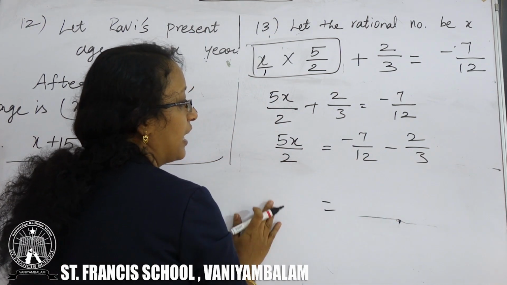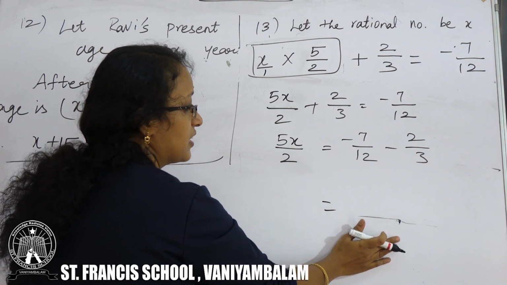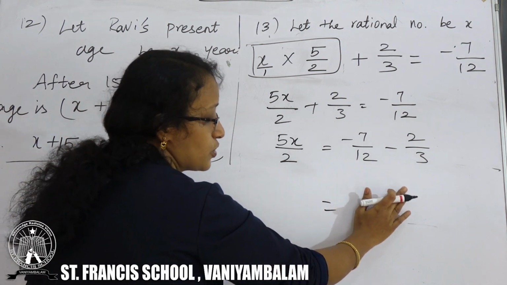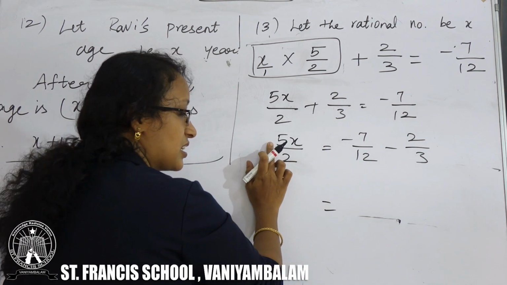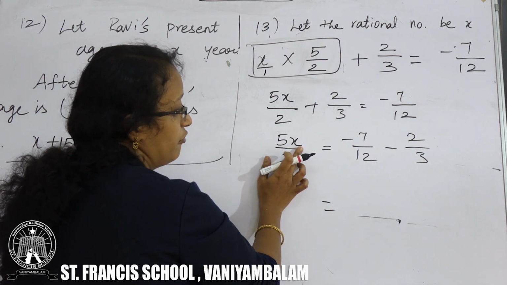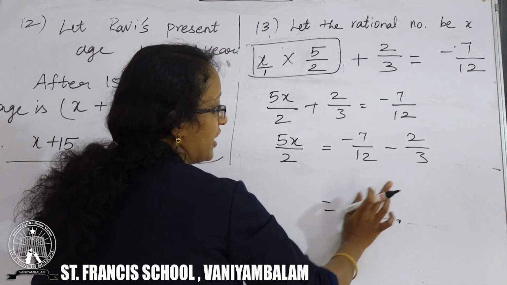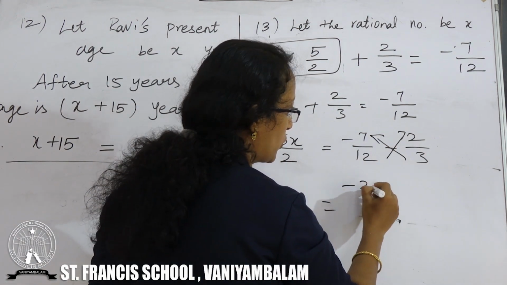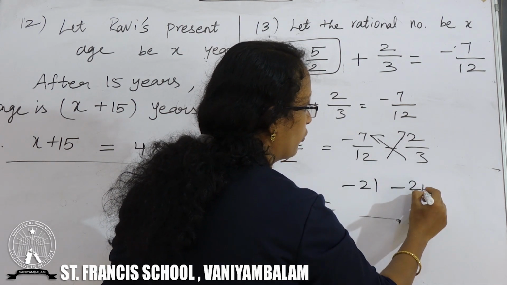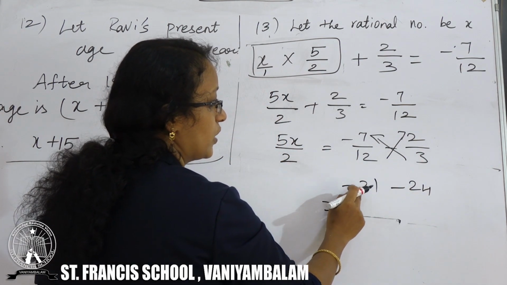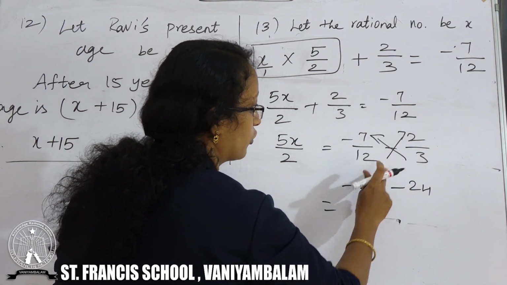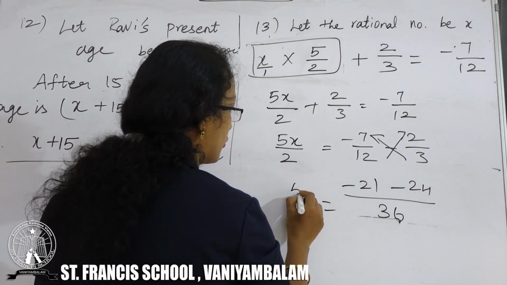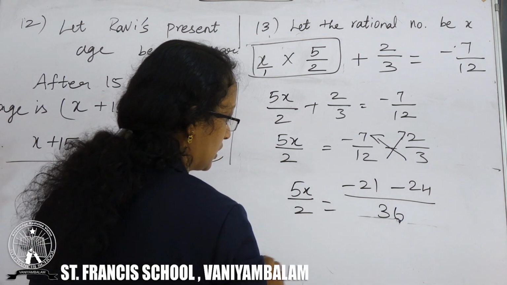Minus 21 minus 24, because 3 into minus 7 is minus 21, and 12 into 2 is 24, with minus in between, and 12 into 3 is 36. So 5x by 2 is equal to minus 45 by 36.